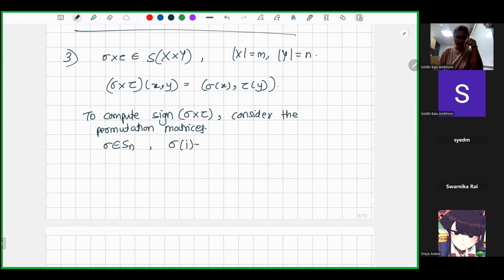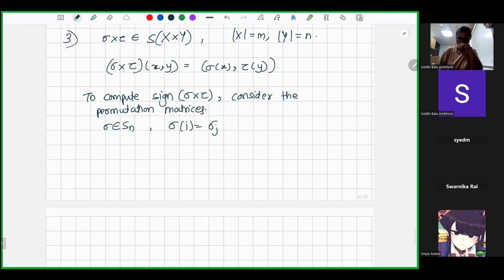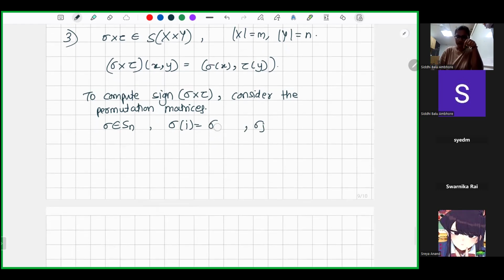I hope you know what sigma means. What we do is we start with the identity matrix of size n cross n, and if sigma of i is going to j, then here I do the same.